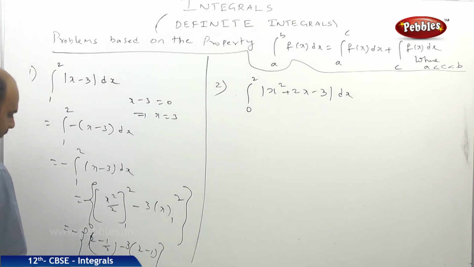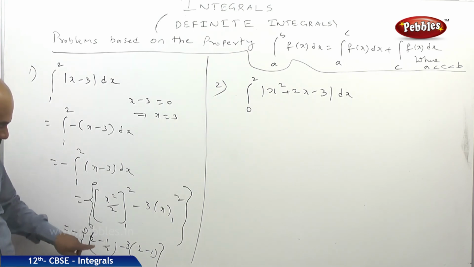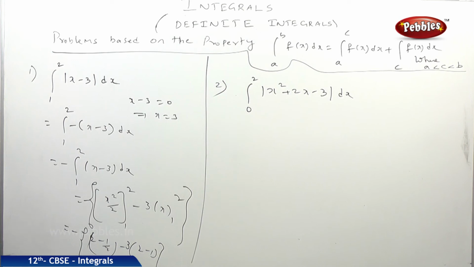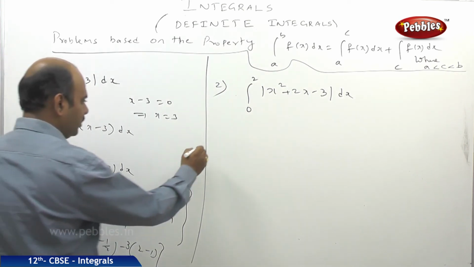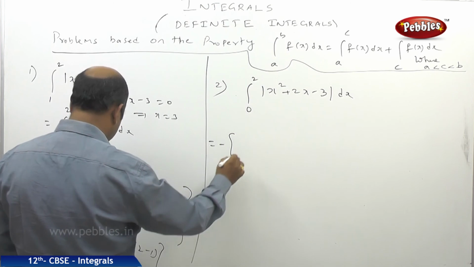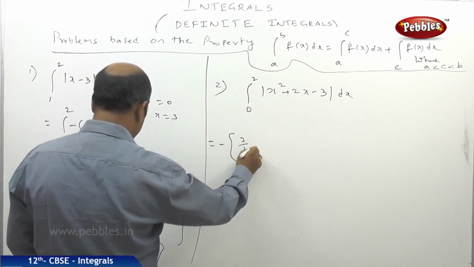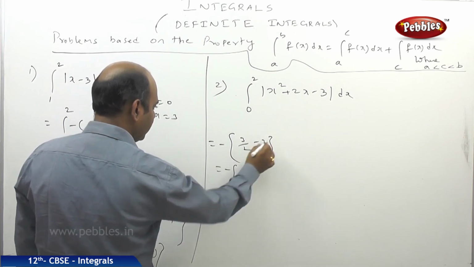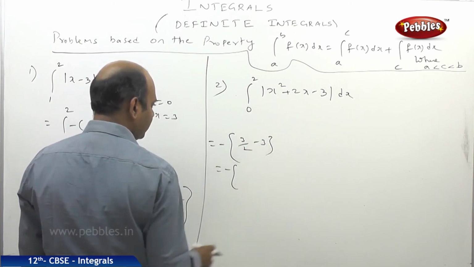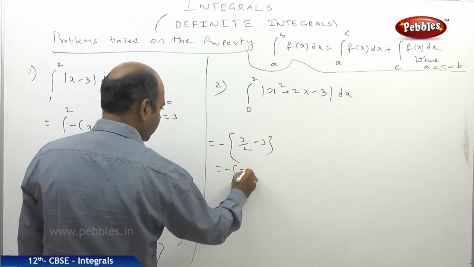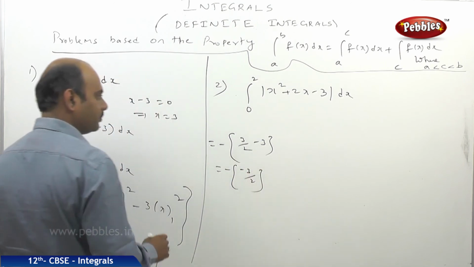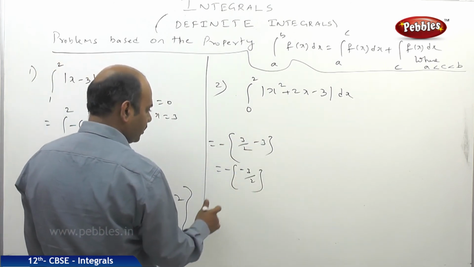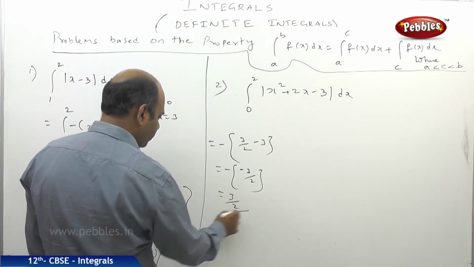So finally, 2 minus 1 by 2 will become 3 by 2. That is equal to minus of 3 by 2 minus 3. Two 3s are 6, so 3 minus 6 means minus 3 by 2, that will give rise to 3 by 2.